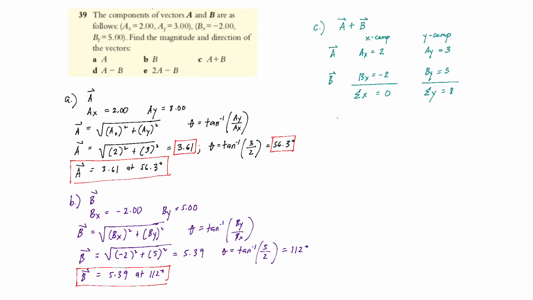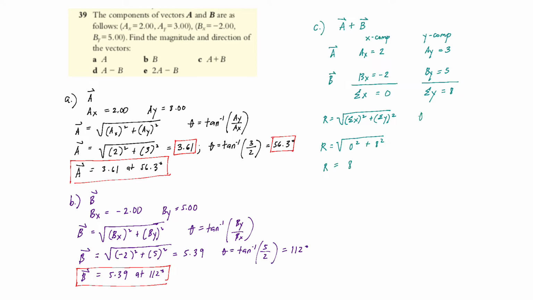And so the formula for the resultant vector is the square root of summation of x square plus summation of y square. Applying this, it becomes the square root of 0 square plus 8 square, and therefore the resultant would be 8.